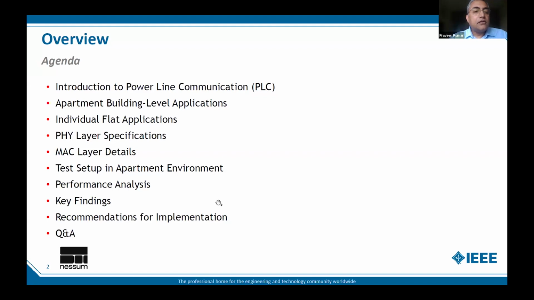Then I will share the test setup we created in our office, and the performance we saw.